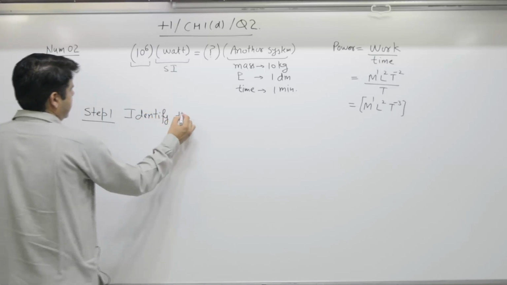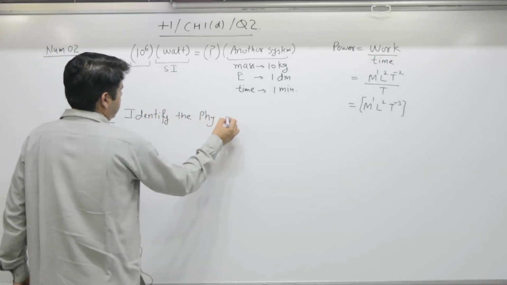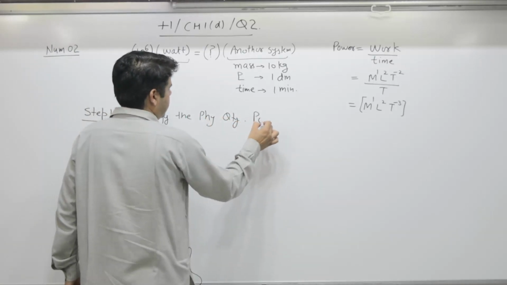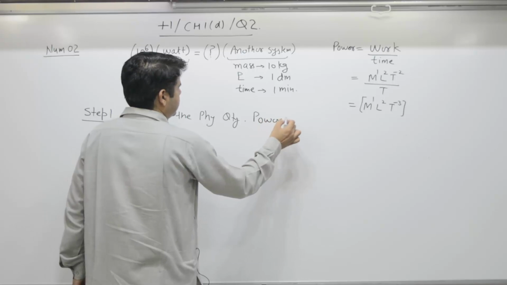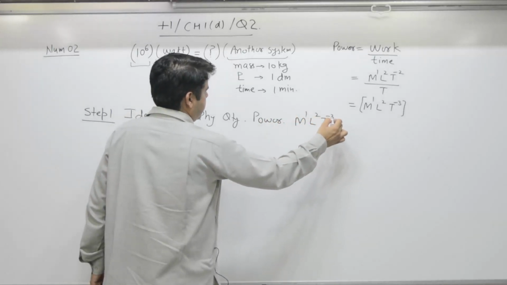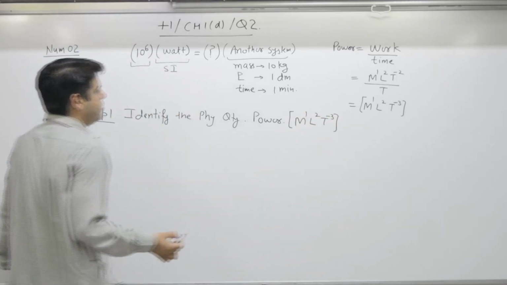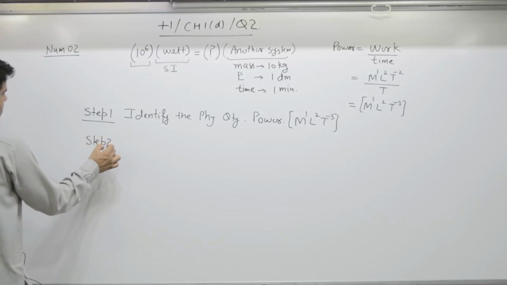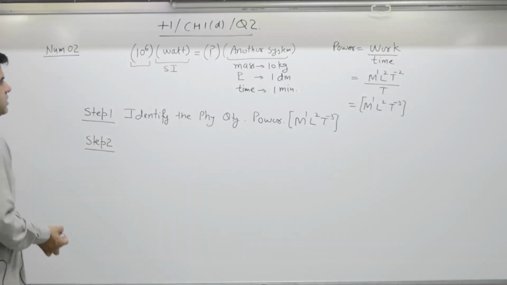Identify the physical quantity. Yes. Power. Dimensional formula for power is M1 L2 T minus 3. Yes.